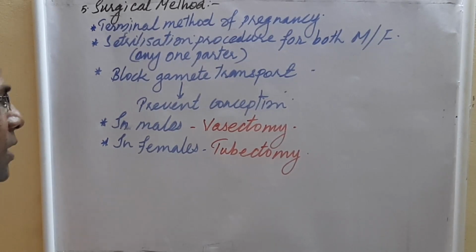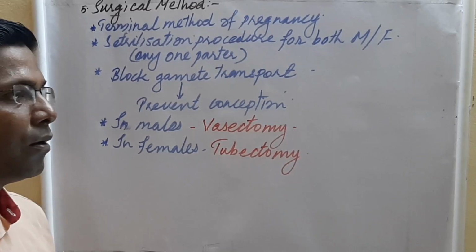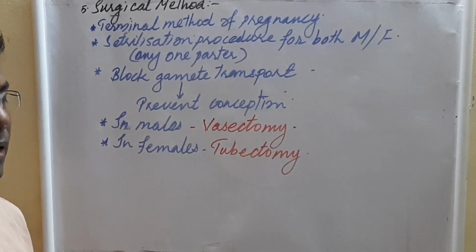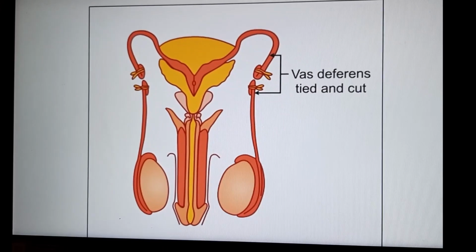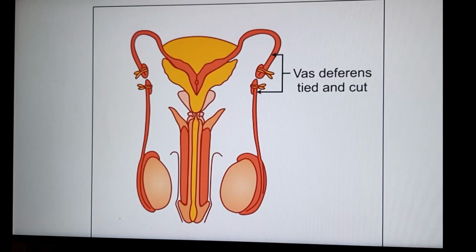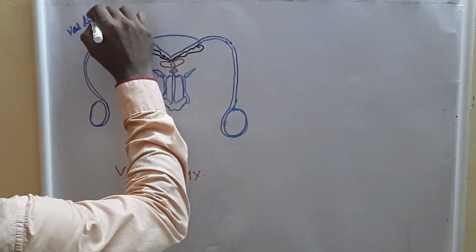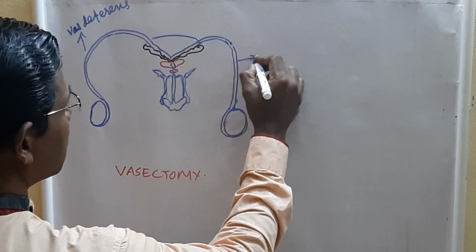The vasectomy is the sterilization procedure in male where the vas deferens from both the testes are cut and tied through a small incision made in the scrotum, and this will prevent the transfer of gametes, sperms, and thereby prevent conception and pregnancy. Now we'll have a look into the diagrammatic representation of this vasectomy and tubectomy.